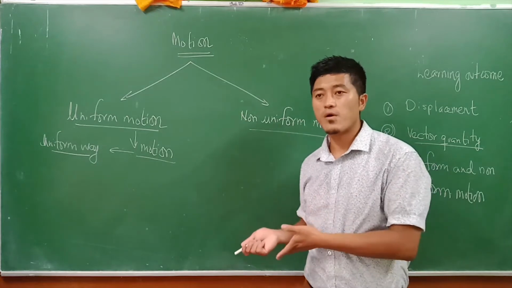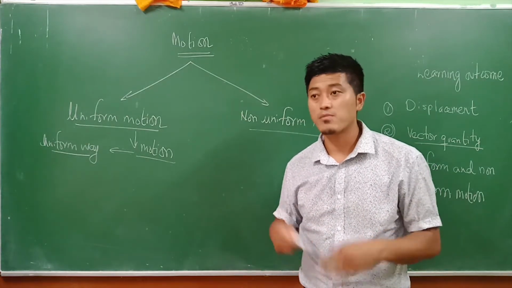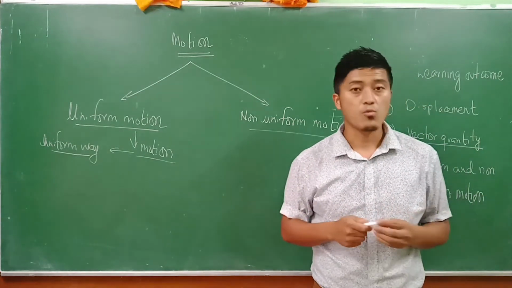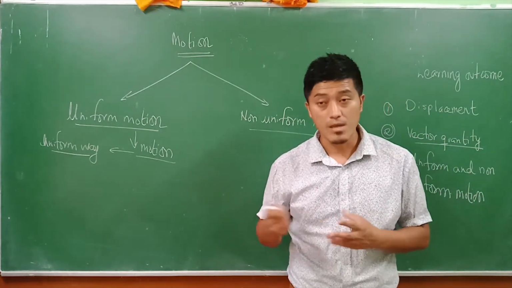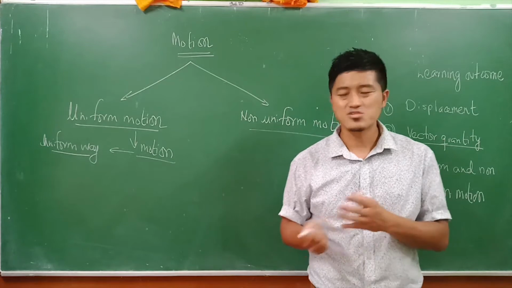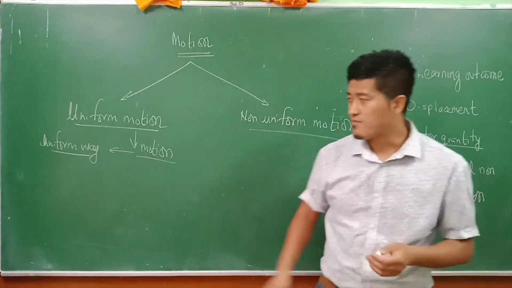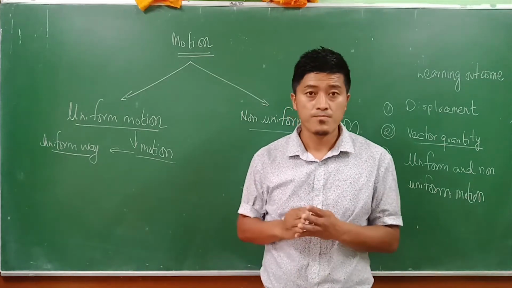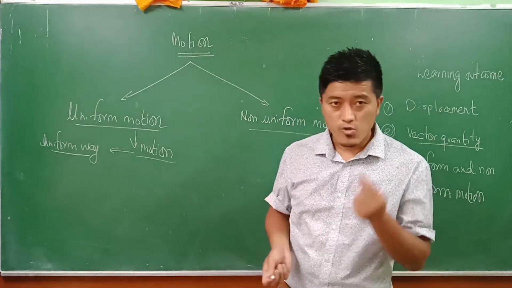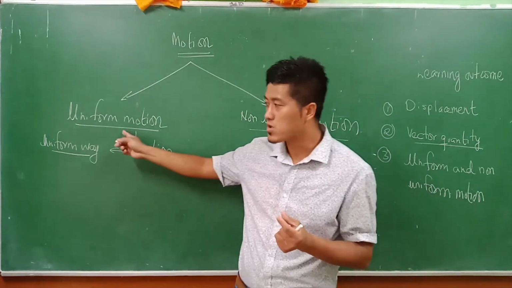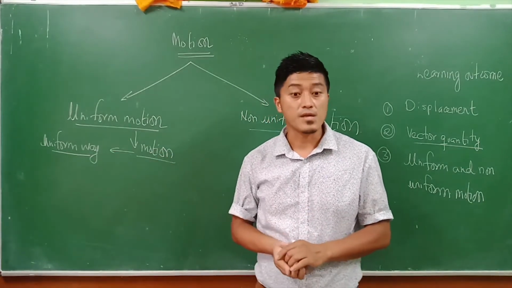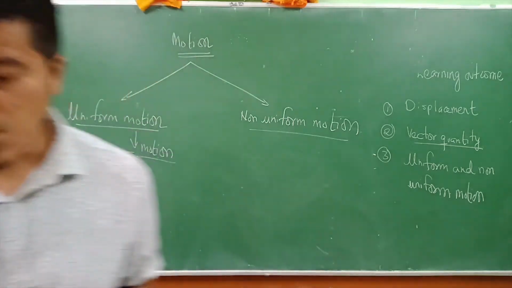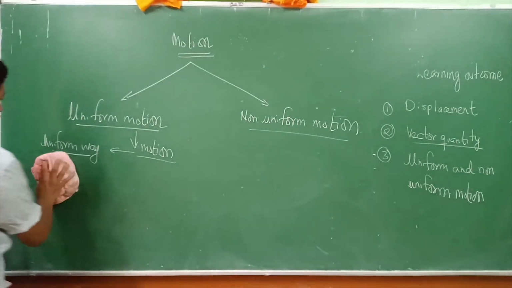Because if you all started to wear your own clothes, there would be many different cases coming up. Some students won't be able to wear good clothes, and some will be able to. There are so many kinds of issues coming up. But if you are wearing uniform, that means all are the same somehow. So you have to imagine that whenever we are talking about uniform motion, there is something like the same thing, right? Similar. So let us talk about uniform motion.